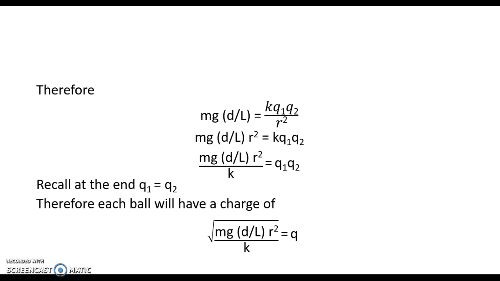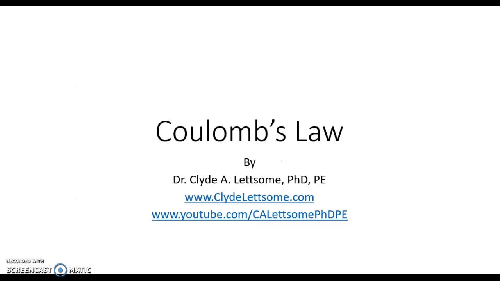So this is how we're going to use our information in this lab in order to find the charge on each of the balls in our Coulomb's law apparatus. So again, this was a discussion on Coulomb's law and how we're going to be using Coulomb's law for our experiment.